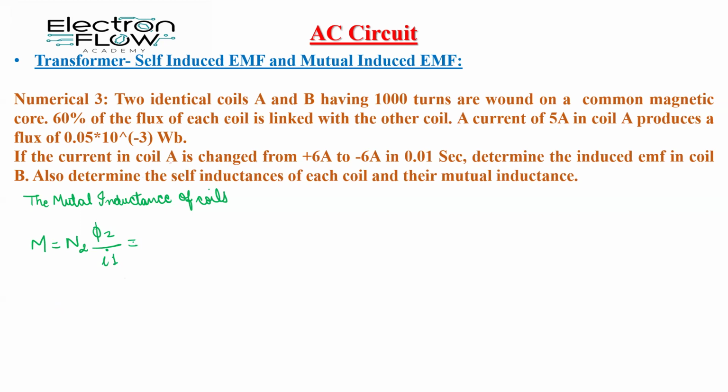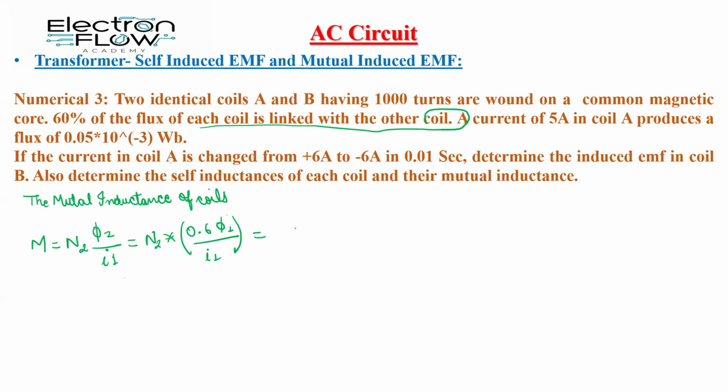There is one condition given in the question: 60% of the flux of each coil is linked with the other coil. So that means phi2 is nothing but 0.6 times phi1, divided by I1.